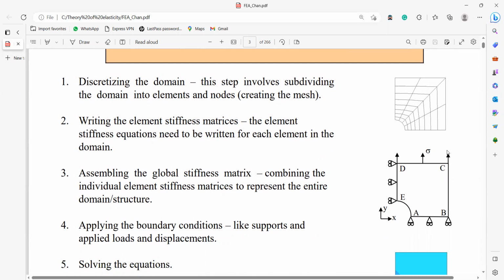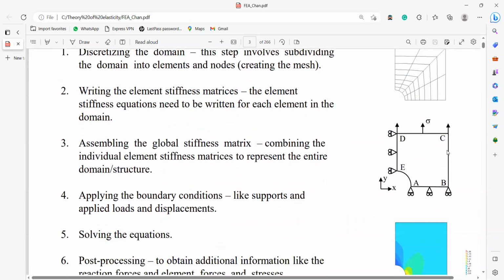And now let's come to applying the boundary conditions, like the constraints or loads, or it could be displacements as well. Imagine you're stretching a rubber band. How do you do that? Would you pull the rubber band in both the directions? Yes. Whereas in finite element analysis, you'll have to fix one end and just pull from the other end.